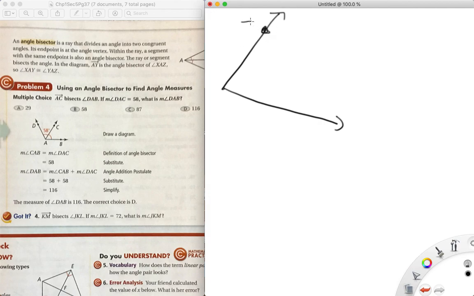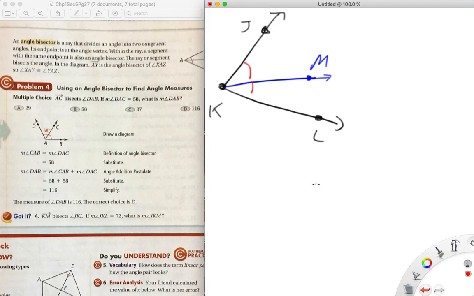There's my J. Here's my K. Here's my L. I have this other ray, ray M. And ray M is cutting JKL completely in half, which means that this guy and this guy are congruent. They're the same. They're equal to each other.